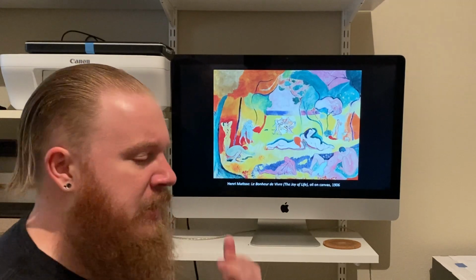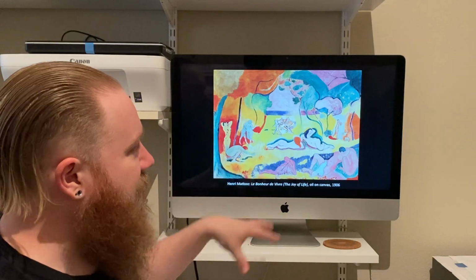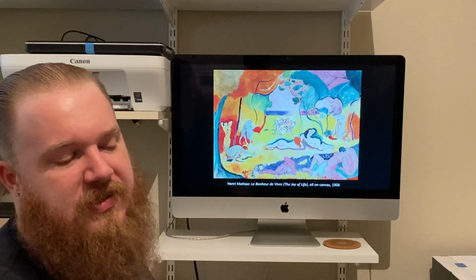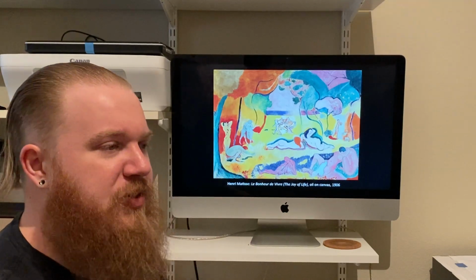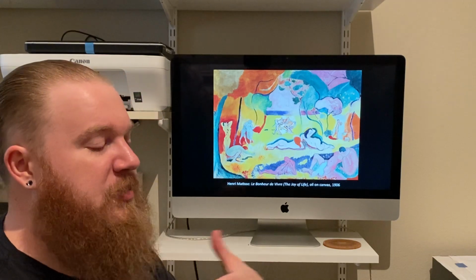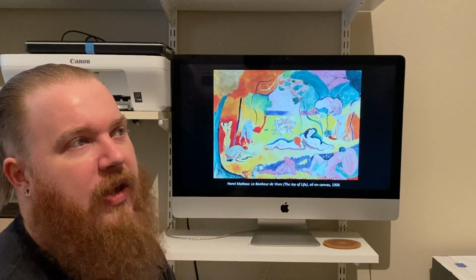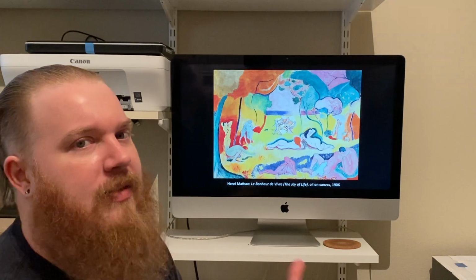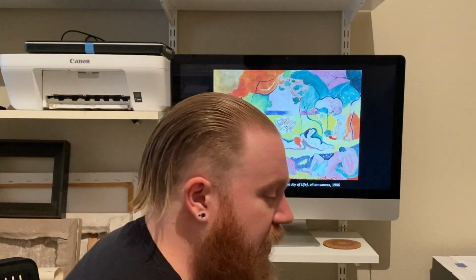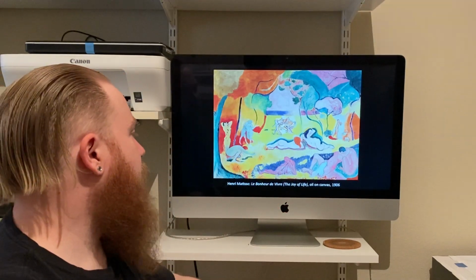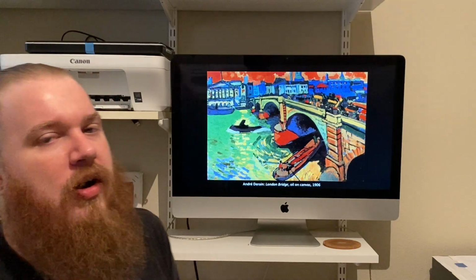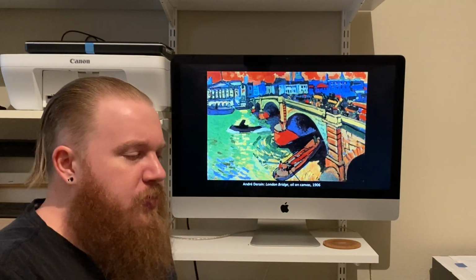So it's not necessarily meant to be realistic or representational of something specific. It's meant to be representational of our own inner thoughts about how life should be and all of this kind of stuff.